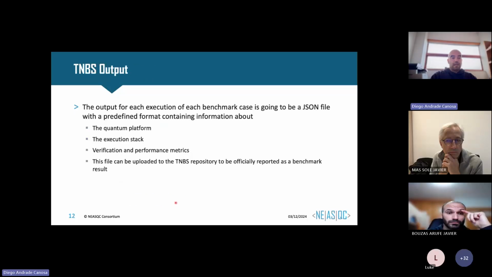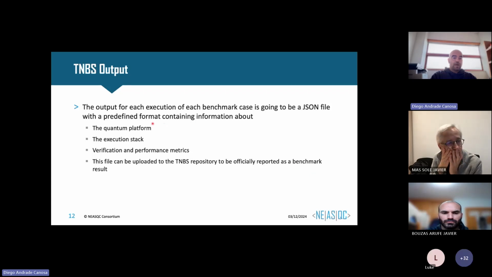Then once the benchmark test case is executed, we are going to generate an output. This output is going to be a large text file with a JSON format containing information that tries to contain all the metrics that we have gathered during the execution, including accuracy and performance metrics, but also many other components of the start of the execution in order to make the execution reproducible.